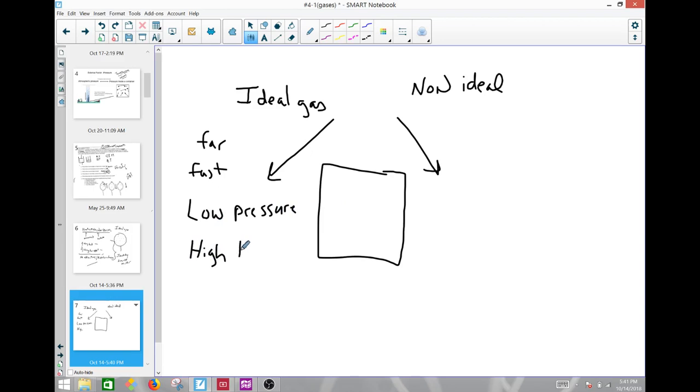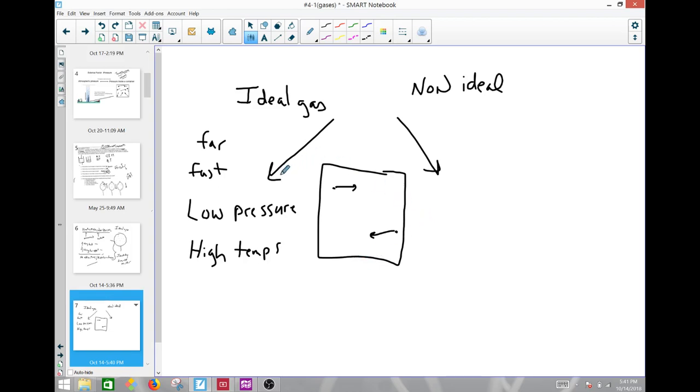High temps. Again, they're traveling very fast. So, hot, that's fine. We've got a particle here traveling very, very fast, and there's not many particles there, and therefore they're not that close together, and there's a low pressure. Why is there low pressure? Because there's not many particles there. They're not very close together.